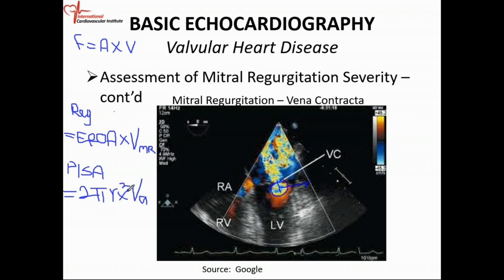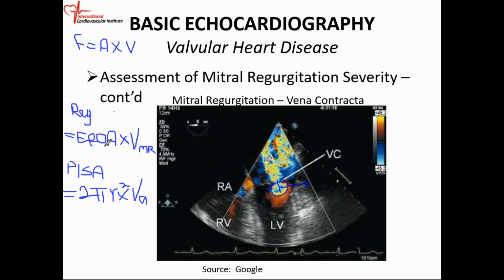So you plug it in there, you have your aliasing velocity. The only thing you don't know is the EROA, because when you do your CW Doppler for the mitral regurg, you can measure the peak mitral regurgitation velocity. The only thing you don't know is the EROA. So once you put your equation together, you can solve for the EROA.